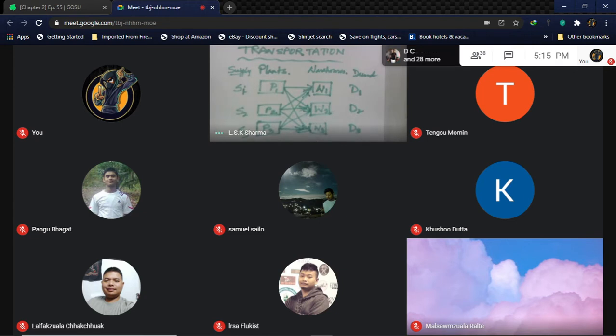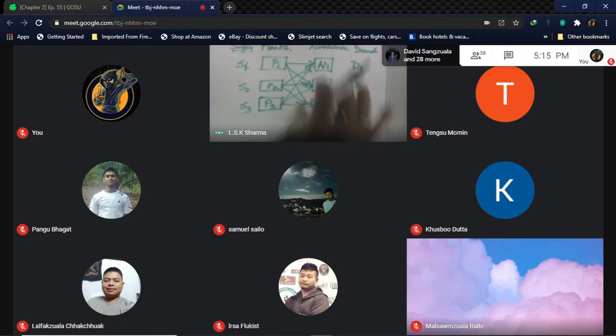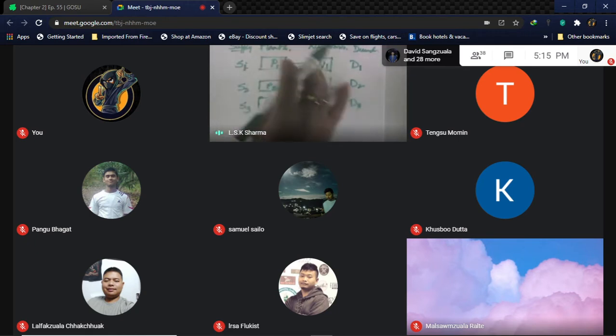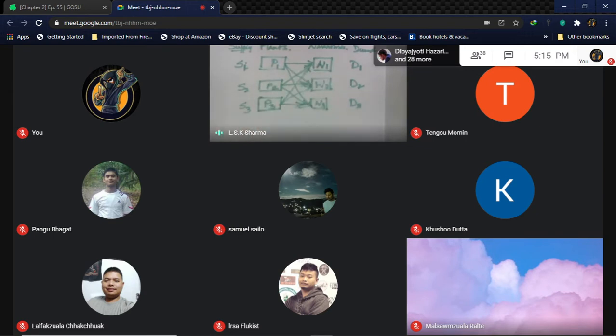So the whole structure of the problem has many alternatives. P1 has 3 alternatives, P2 has 3, and P3 also has 3, so altogether 9 alternatives. Out of these, which one will give me the least cost? That is what I want to find out.